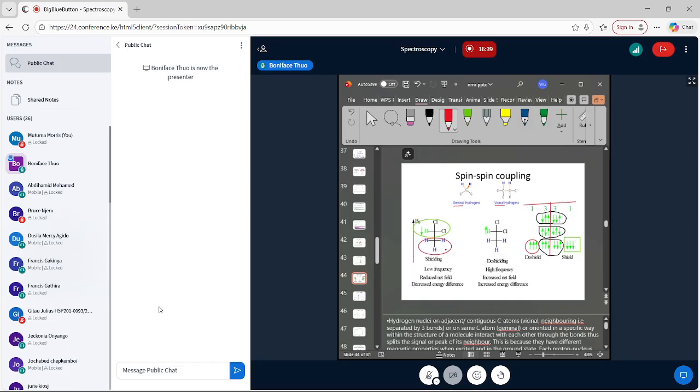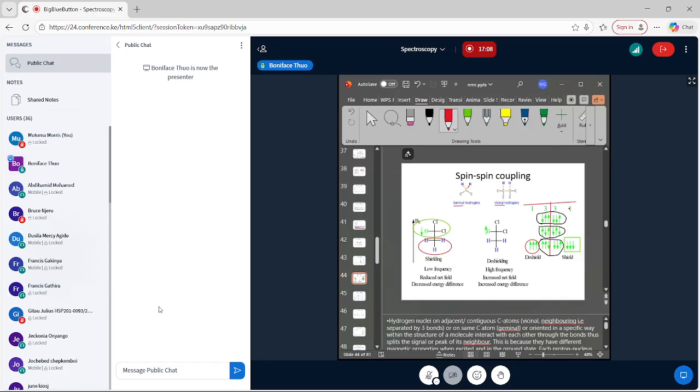That affects the effective magnetic field felt by the hydrogen from the polarizing magnetic field, and therefore the resonance frequency. This is 1, 2, 3, 4.